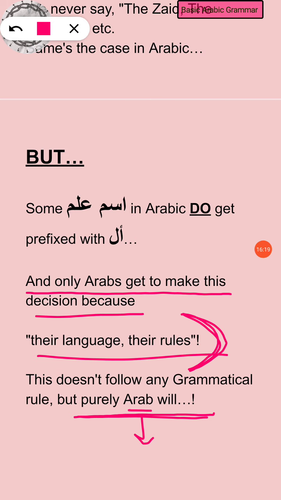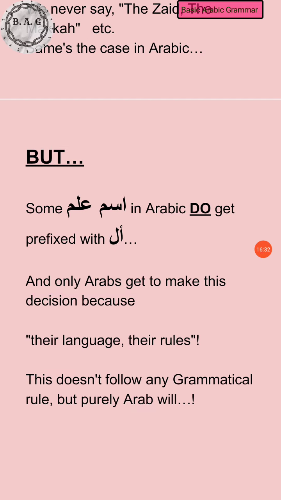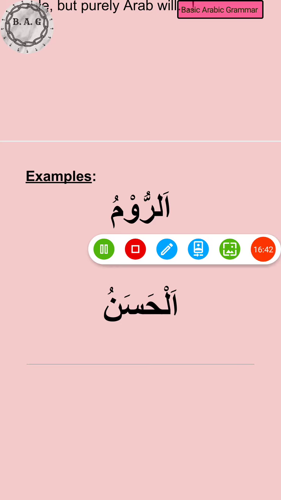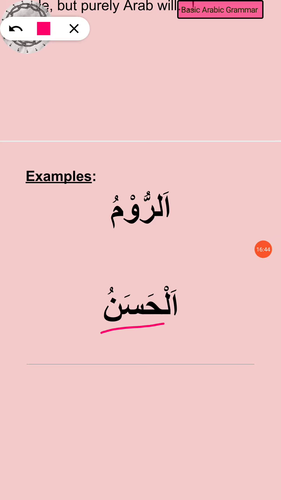And the first rule that we understand is that some asma alam in Arabic do get attached with al. For example, we have Rum, which is the Romans, and then we have al Hasan. Hasan here is the proper noun, or the ism alam, and al is your al, ism marfa.